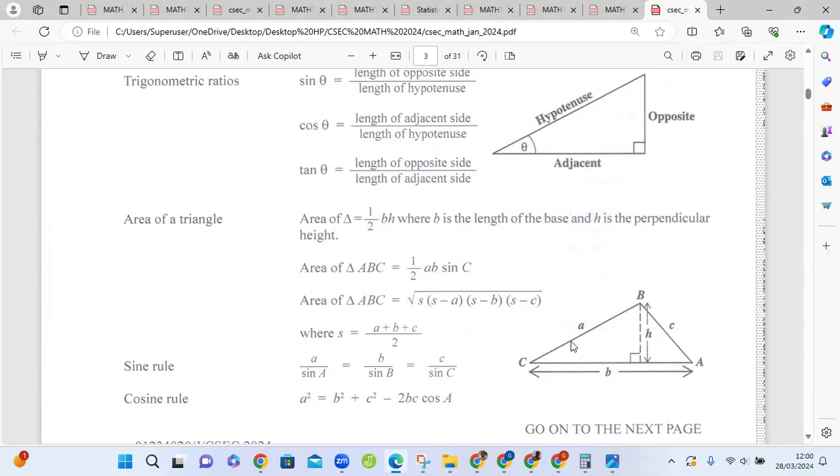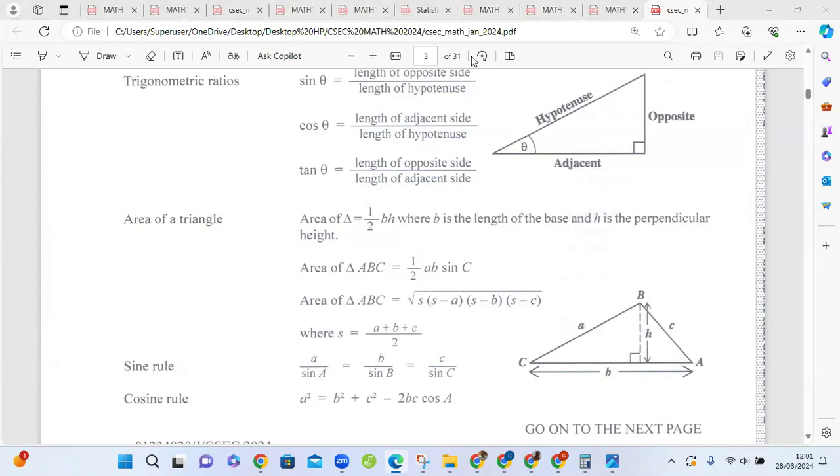That means if you don't have the vertical height, but you know two sides and the angle between them, it will be half times the product of those two sides times sine of the angle between them. So we can use this formula for the area of the triangle, and the difference will give us the area of the segment.